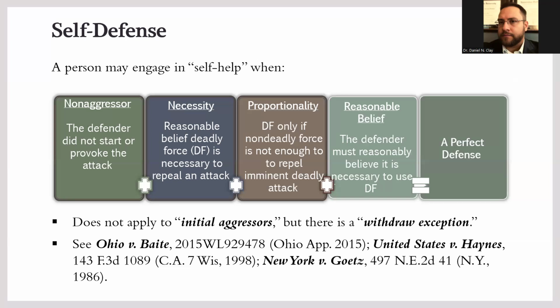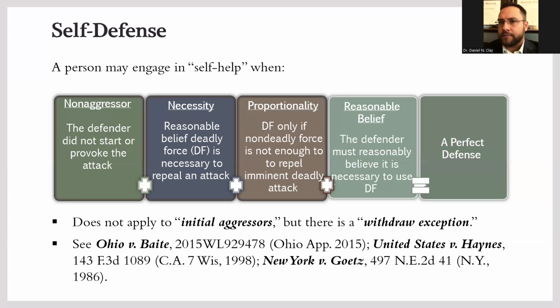So if you can prove that you are the non-aggressor, that you didn't start this, then you have to prove that it was necessary, that you had the reasonable belief that deadly force was necessary to repel the attack. Basically, you have to show that this was necessary to repel the attack.